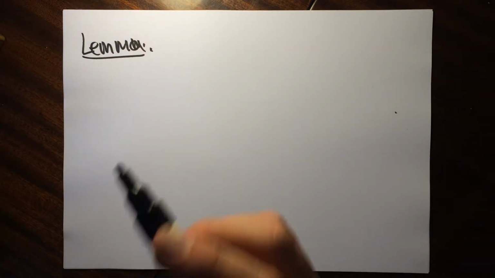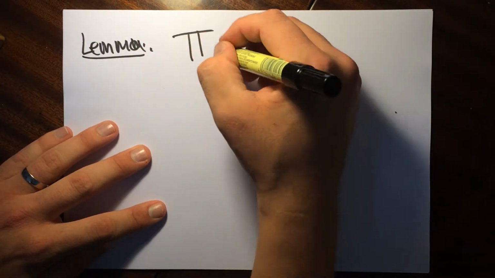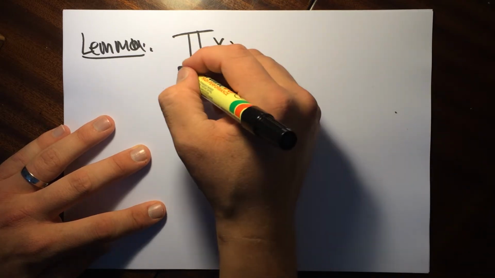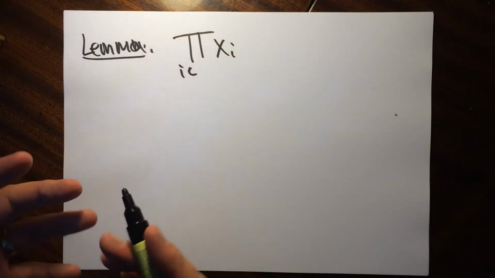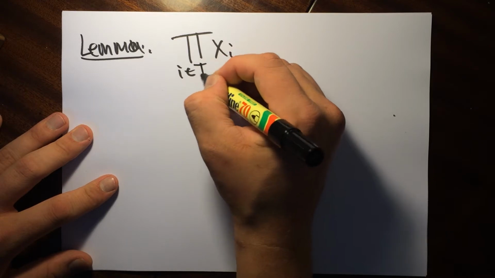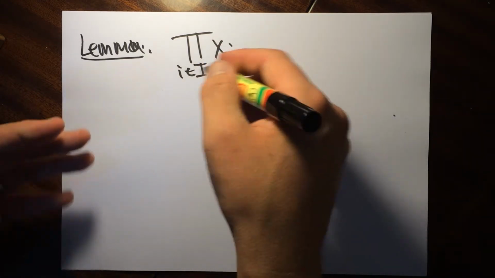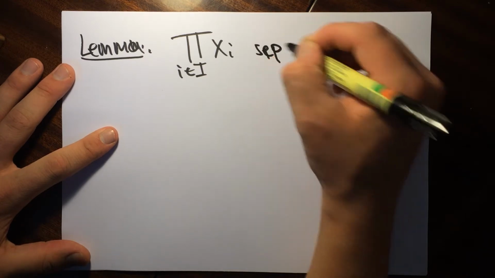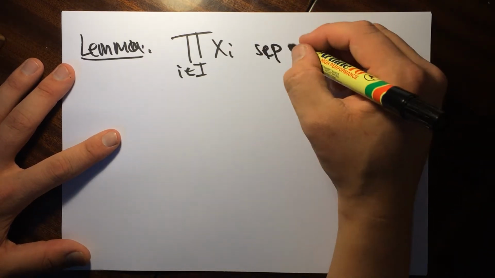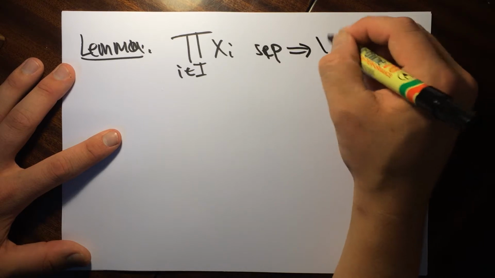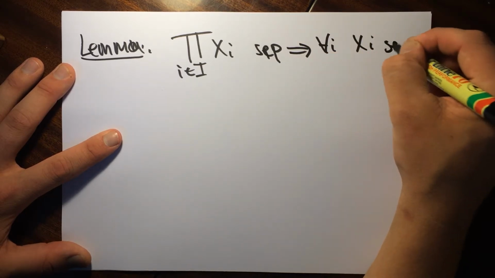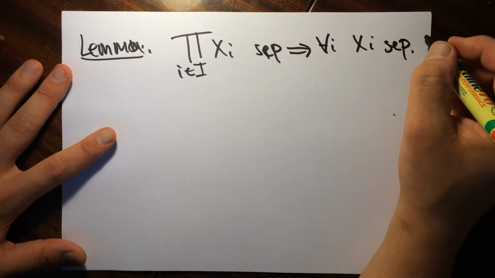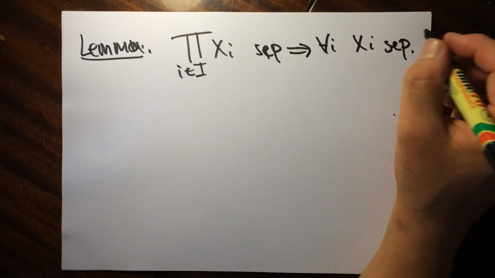So let's say that this infinite product of xi's. So now instead of restricting to the finite thing, I'm going to show that each one of these is separated. So if this whole product exists and it's separated, then this implies that for every I, this guy is separated. Okay, so we're going to assume this.